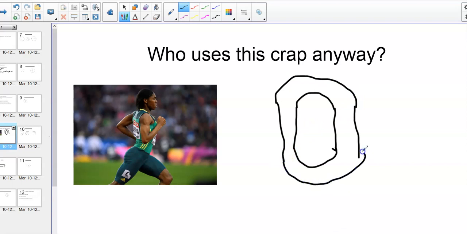But if we look at the parts of the track that are like a circle, we see that this right here is a lot shorter distance than this part right here. So whoever starts on the inside is going to start a little farther back, and the person who's towards the outside is going to start higher up. And so they measured all of the different lengths here to even them out so that it's a fair race.